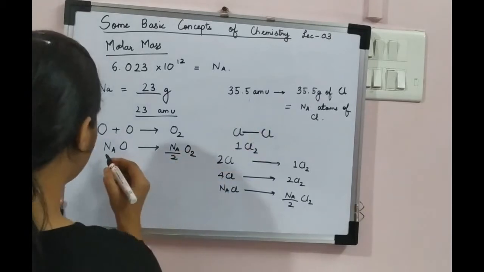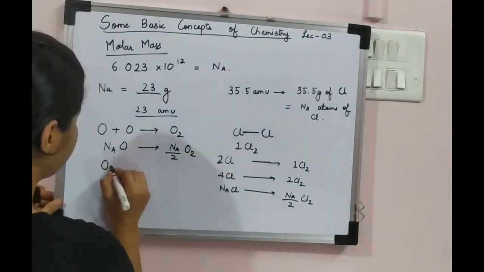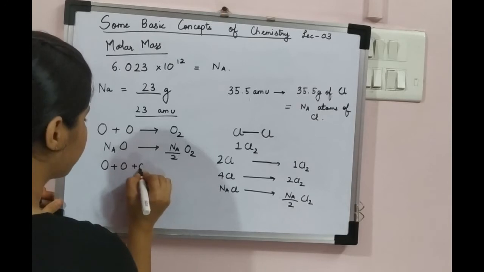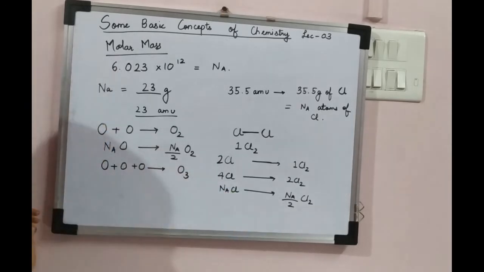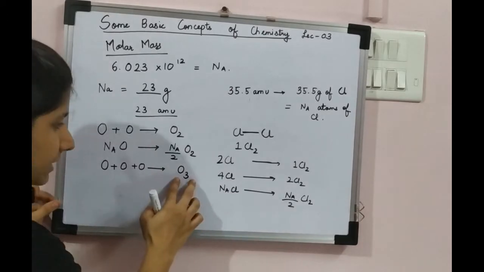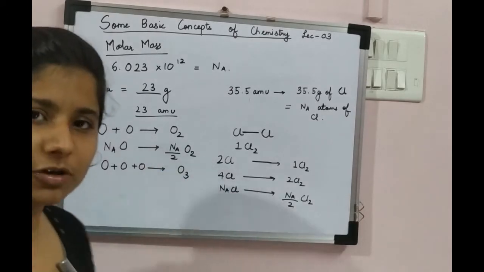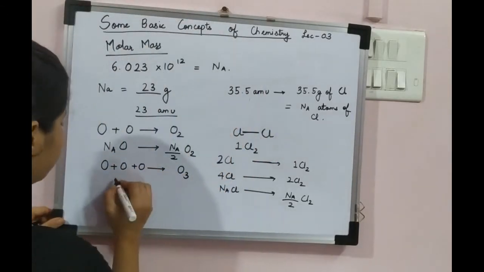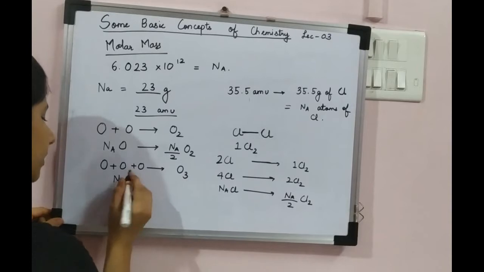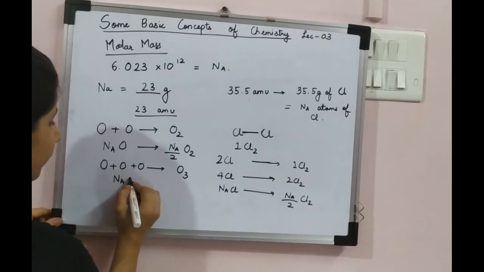Now if I form an ozone molecule, so what is ozone? 3 atoms of oxygen give me an ozone molecule. Now the atomicity here is 3. Atomicity is the number of atoms in a particular molecule. Here atomicity is 3. Now if I take Avogadro number of atoms, that is called 1 mole.